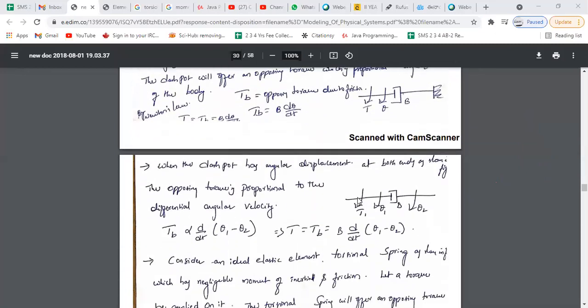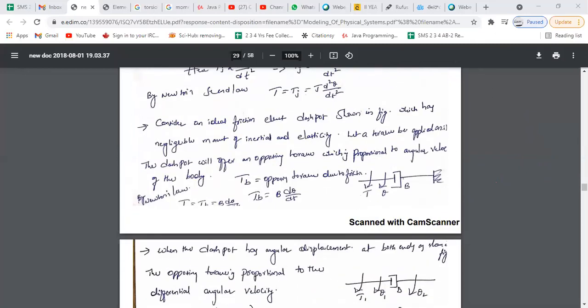Similarly, consider an idealized friction element, that is a dashpot, a rotational friction element with one fixed end, similar to the translation system, whose displacement is theta. Here the opposing torque due to this rotational friction element is proportional to angular velocity.